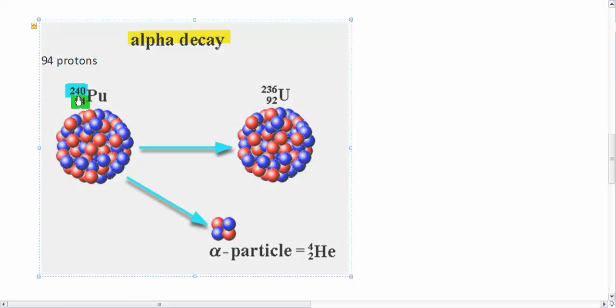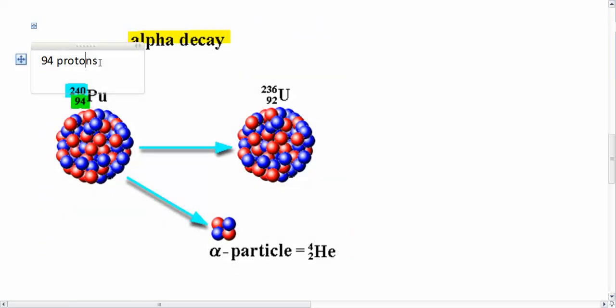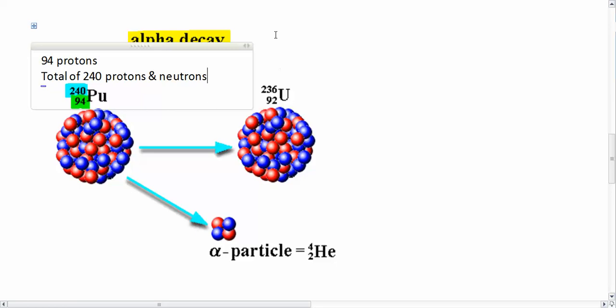And the mass is just the total number of protons and neutrons put together. So it has a total of 240 protons and neutrons.